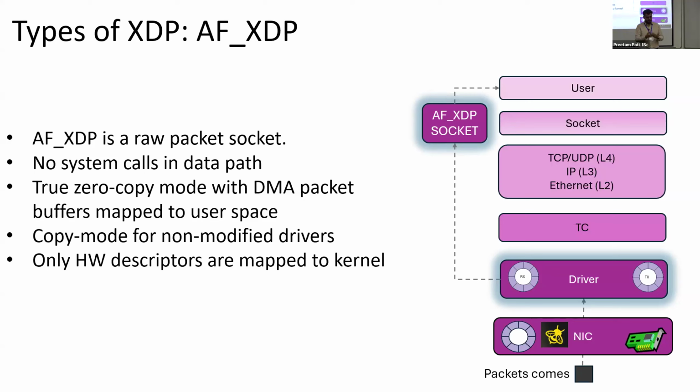So one such execution engine that the kernel supports is called AF_XDP, which is a raw socket that gets directly exposed to the user space application. So whenever a packet comes in through your NIC to the driver, it gets directly transferred from the driver to the user space via this AF_XDP socket.